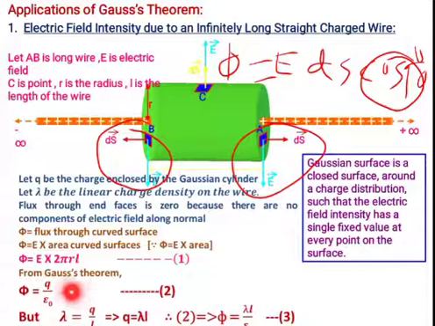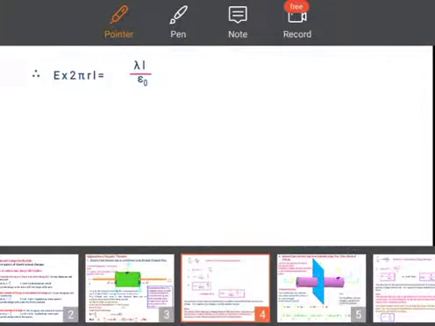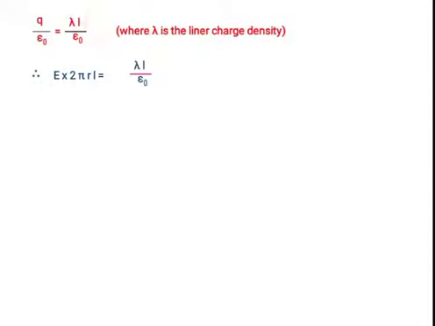Instead of this Q by epsilon naught, let me substitute this value here and simplify. So E into 2 pi RL on the left, and the right side as it is.